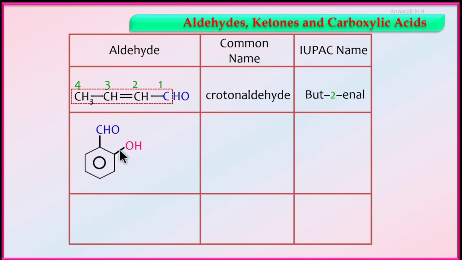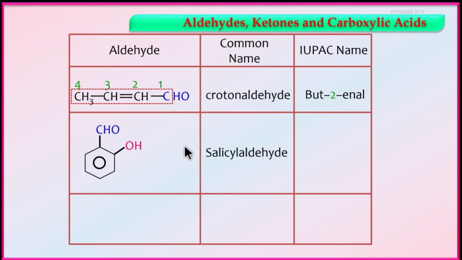Next example, a 6-membered aromatic compound, benzene, with a CHO group directly attached to the benzene ring, and also an OH group directly attached to the benzene ring. In the priority of functional groups which you learned last year, CHO has a higher priority compared to OH. So the compound belongs to the aldehydic family.